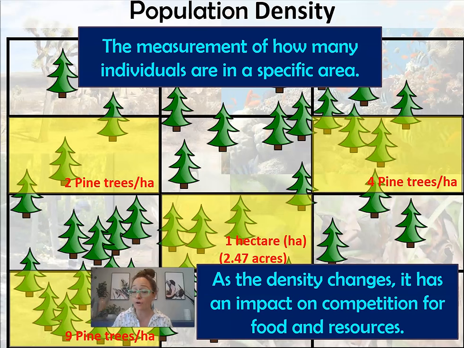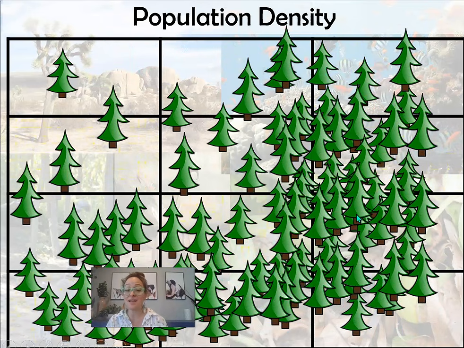It's going to get harder and harder to get all of the things necessary for life: shelter, water, food, I was going to say comfort. That's not one, but space, right? As your population increases, it gets more and more difficult to have access to all of the requirements for life. And so we cannot grow exponentially forever.